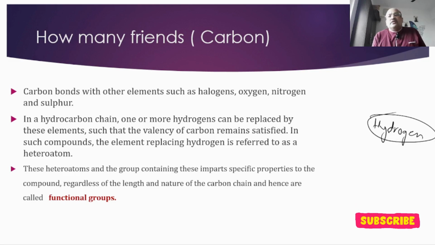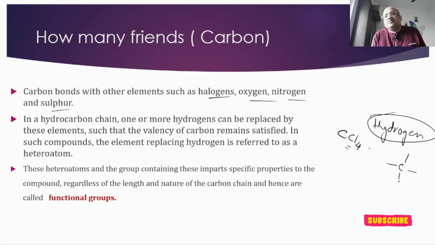But carbon has got many friends as such. Carbon bonds with elements such as halogens, oxygen, nitrogen and sulfur. So what we see is that we have got carbon tetrachloride. Here you see a halogen.